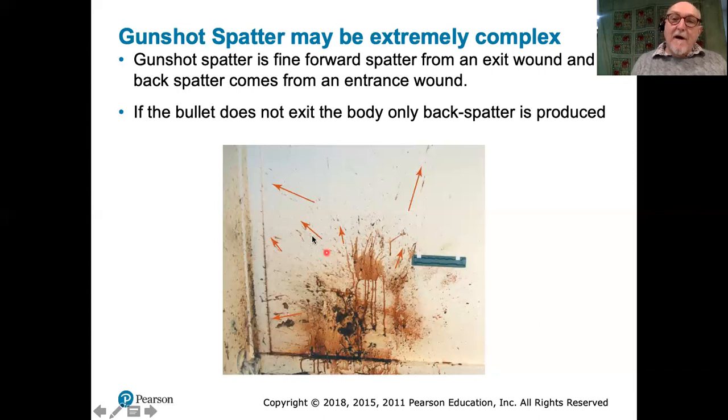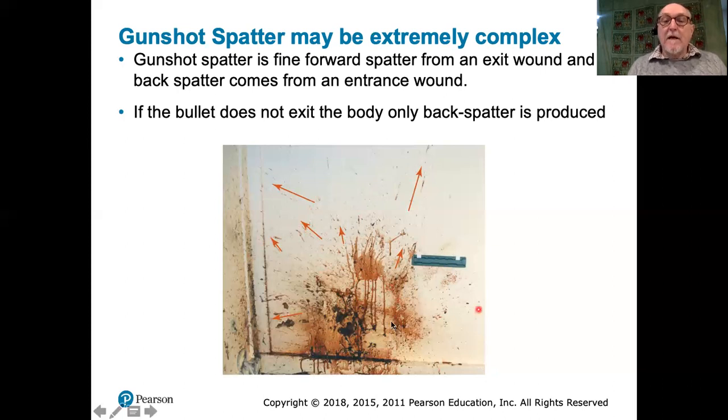There is fine spatter, which you can see here, and more that again can be traced backwards, but it becomes very complicated because a bullet will often tear through arteries, and you may well have artery spatter spray as well.